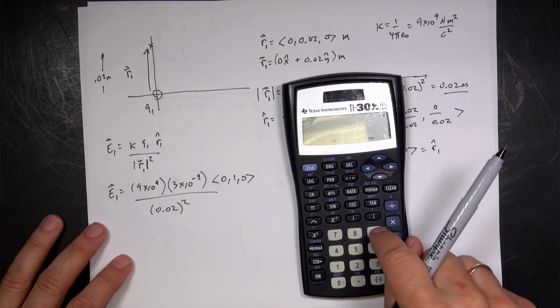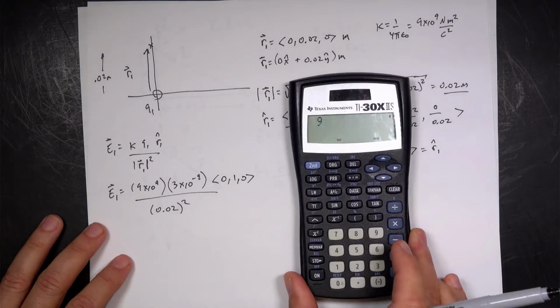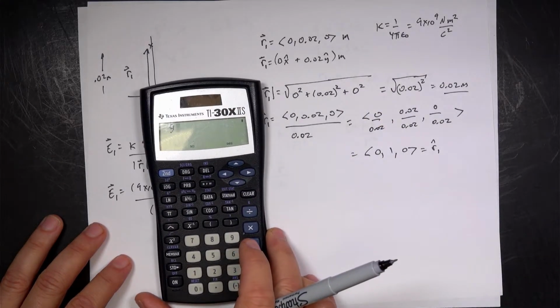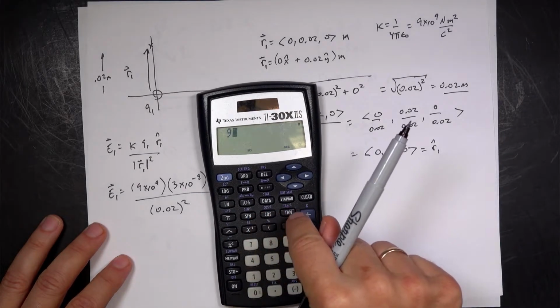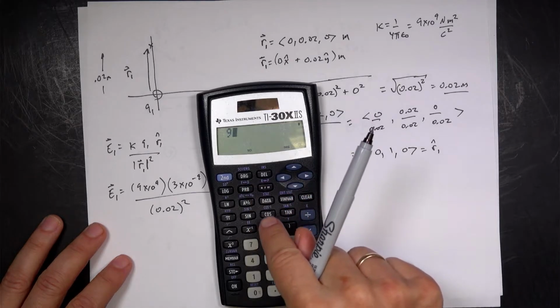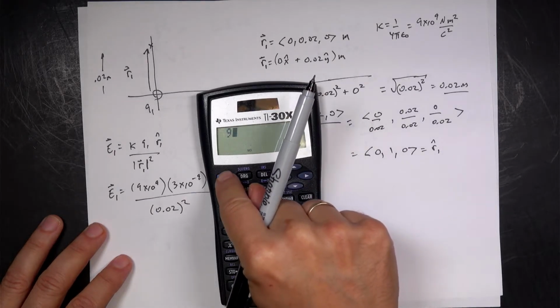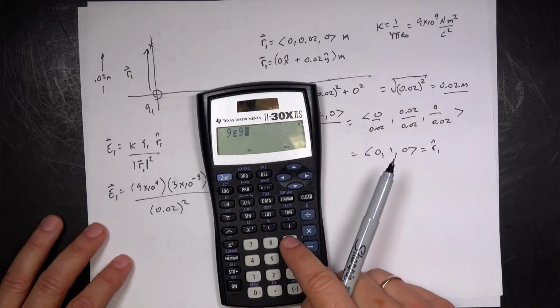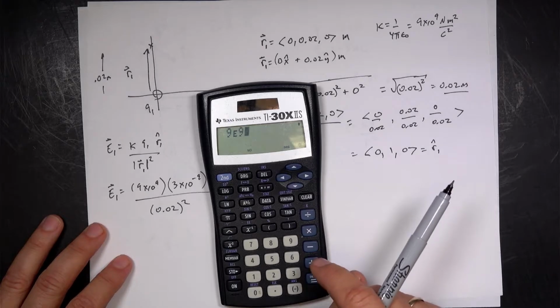I would do this. 9. Can you see that? Let's see, put it right here. No, right there. 9. And then I'm going to use the scientific notation button, which is, I'm not really good with calculators, but EE. So I'll do second EE 9. Okay, that's 9 times 10 to the 9th. Now I can say times.